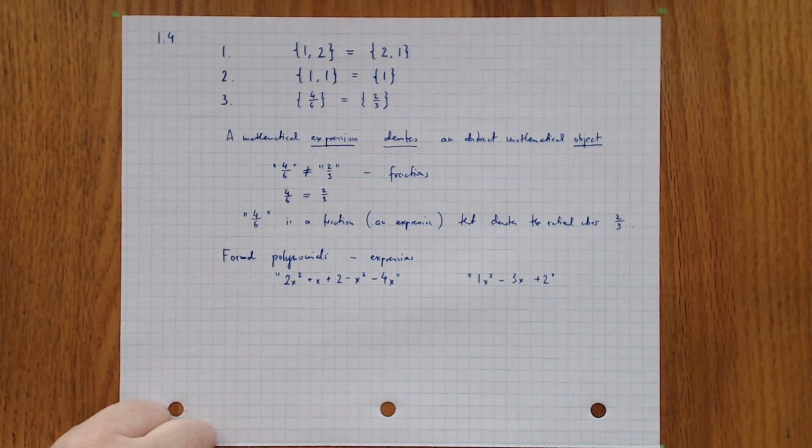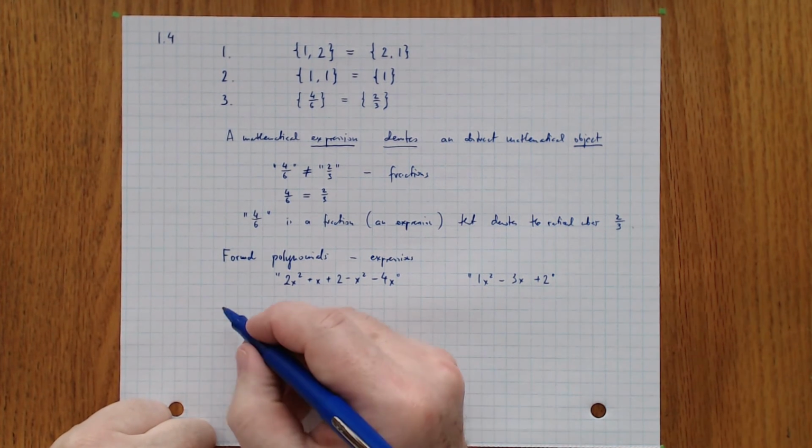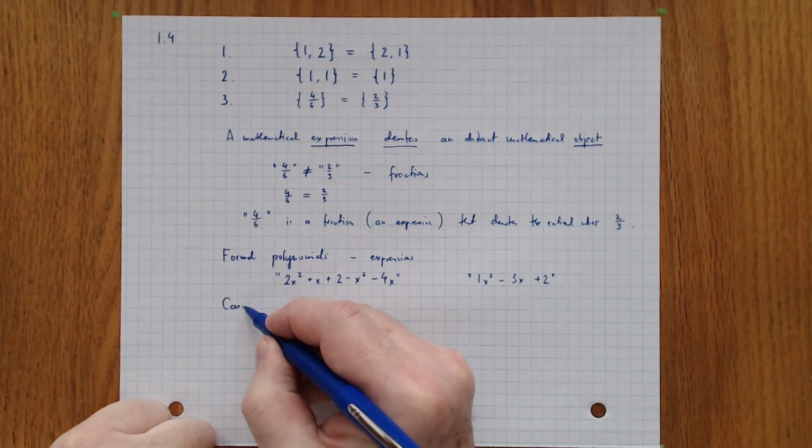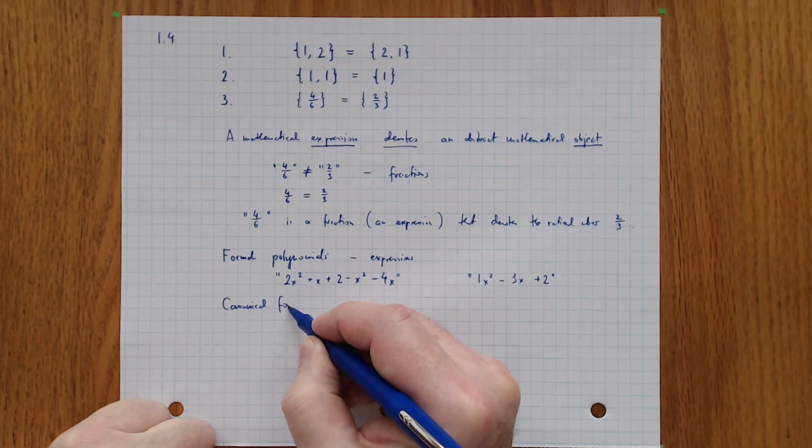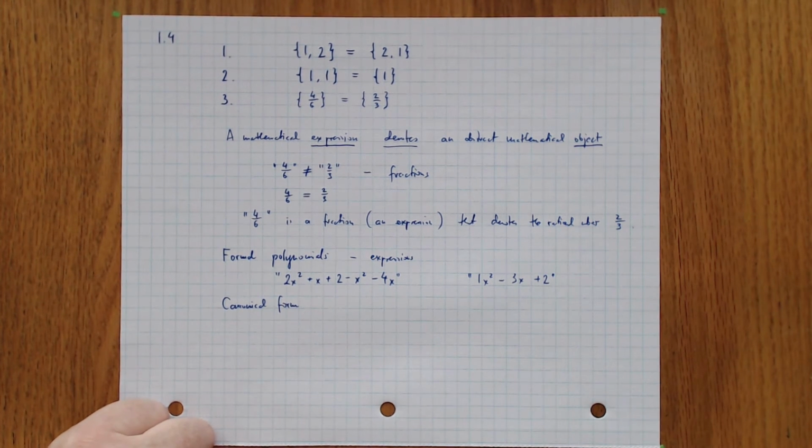Let me make a few comments on canonical forms. While many different expressions can denote the same object, it might be convenient to choose one of these expressions and call it a canonical form.